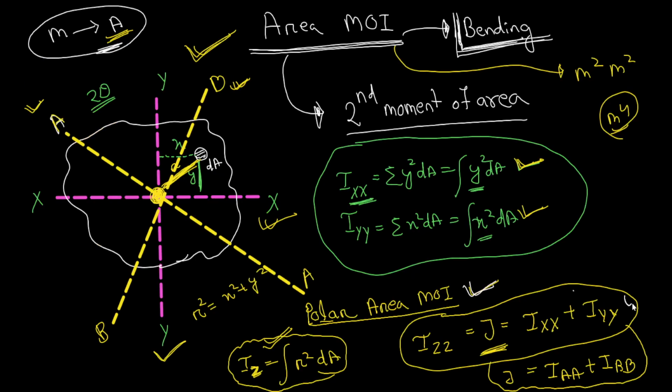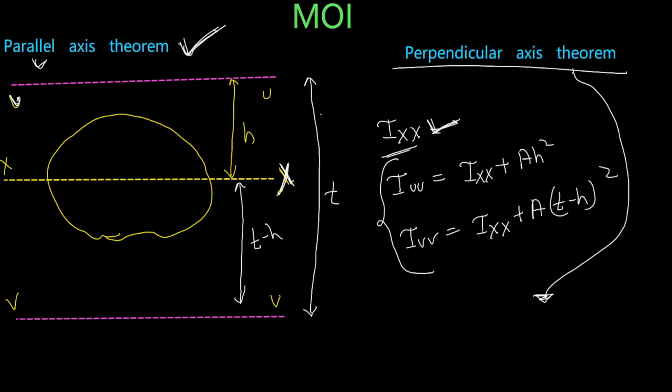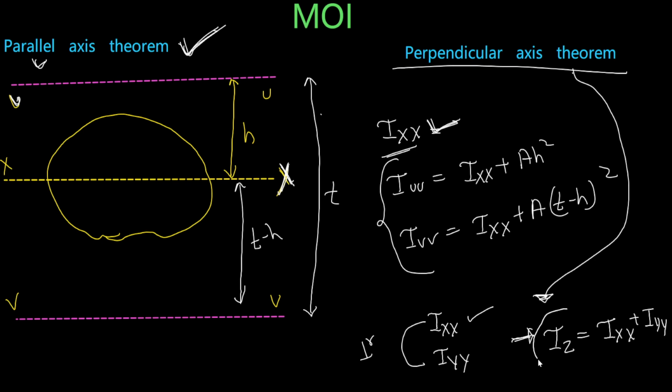If you know Ixx and Iyy, which are perpendicular to each other, you can calculate about another axis Iz, which is perpendicular to both axes xx and yy. That is nothing but Ixx plus Iyy. This is called the perpendicular axis theorem.